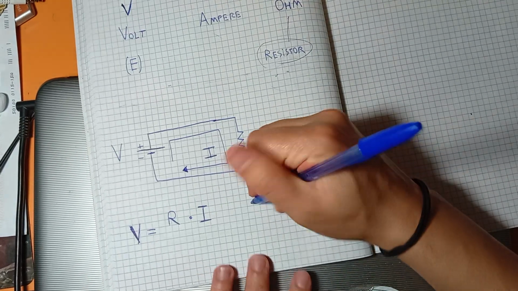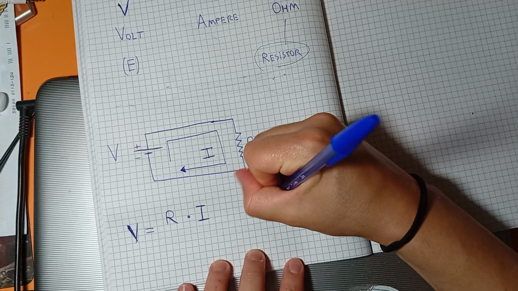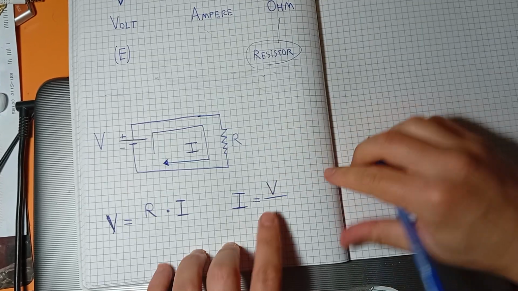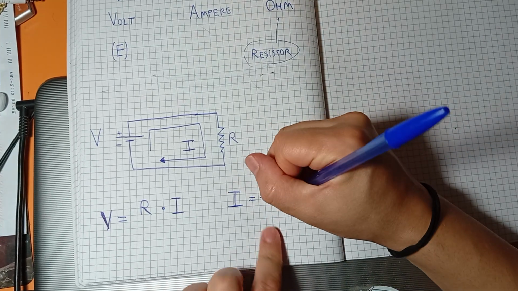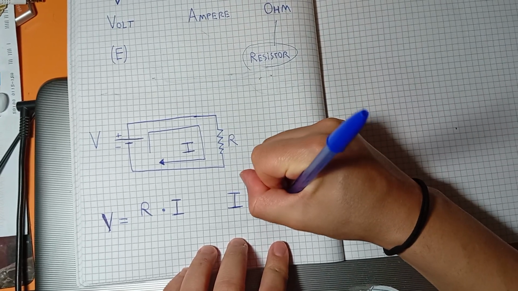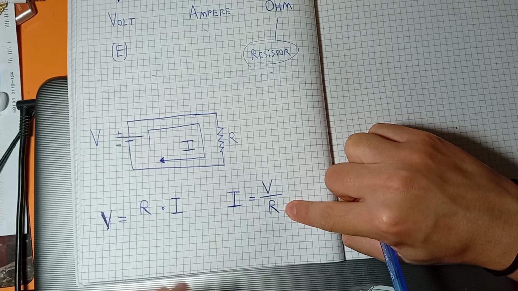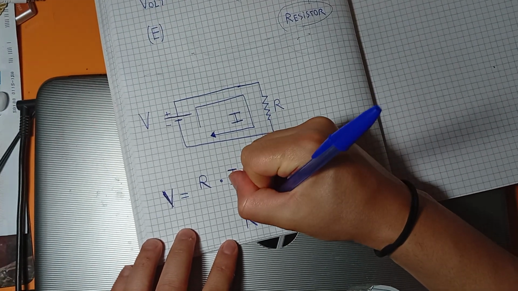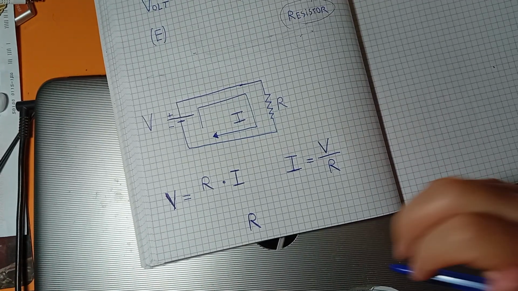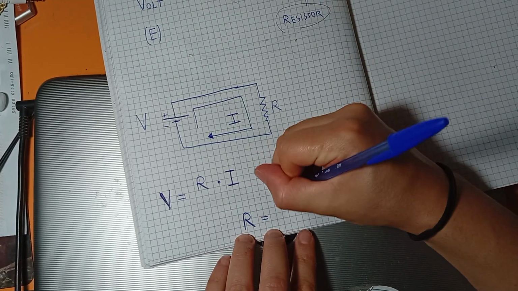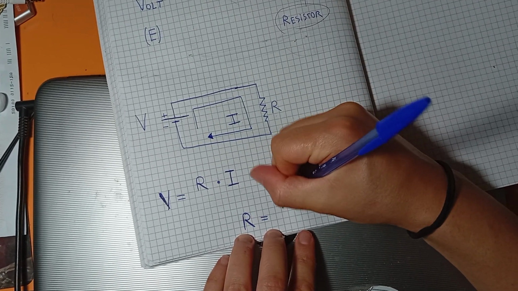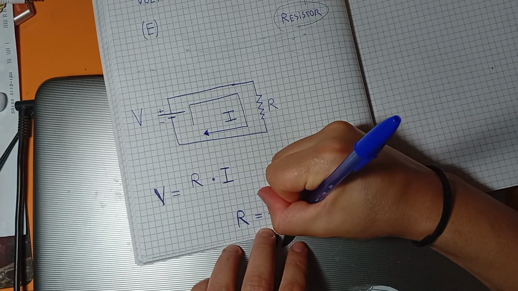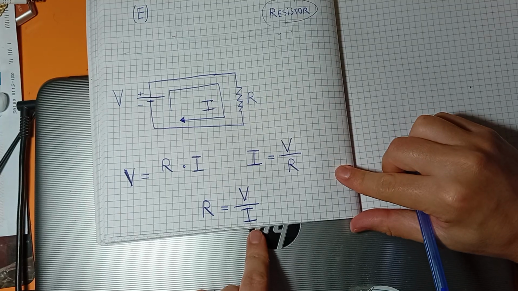Or current is equal to the tension divided by the resistor, or resistor, or resistance, more correct, is equal to the tension divided by the current.